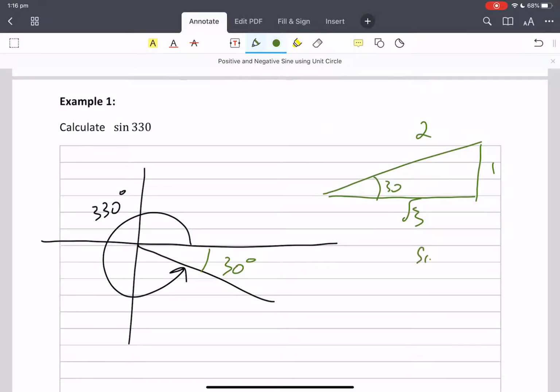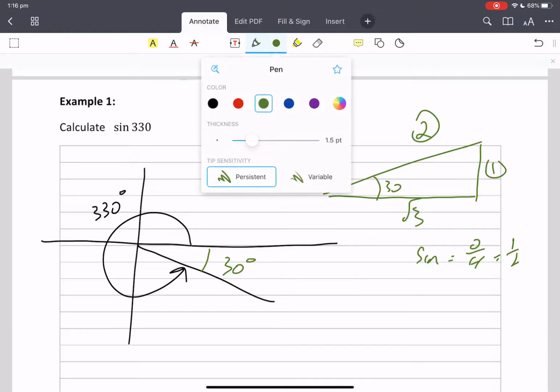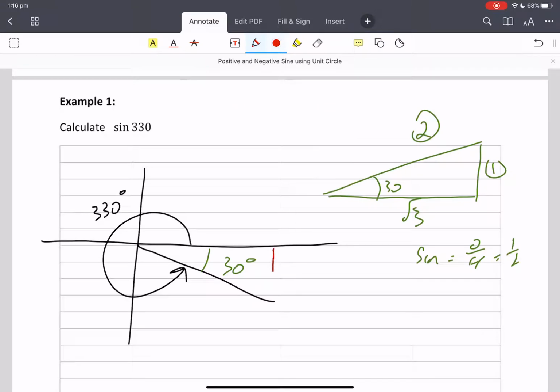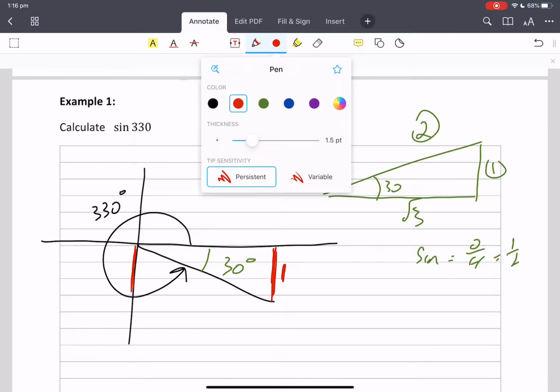Okay, sine is O on H, so that's 1 on 2. So we know that for this angle here, remember my vertical is my red line. How long is that red line? That red line is 1 long. How long is my terminal ray?